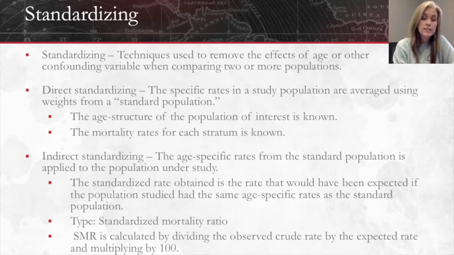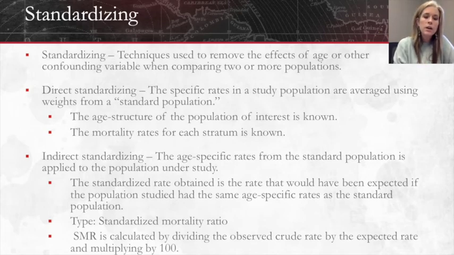So direct standardizing is when specific rates in a study population are averaged using weights from a standard population. Okay, we do direct standardization when, in our study population, the age structure is known and the mortality rate is known. Direct standardization is the most useful, effective form of standardization because you're actually using the rate from the population of interest.